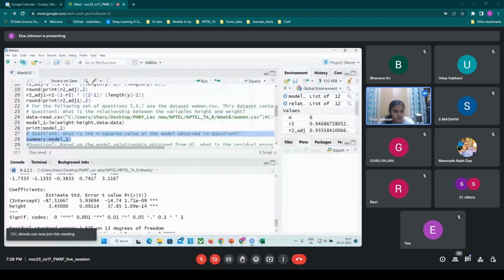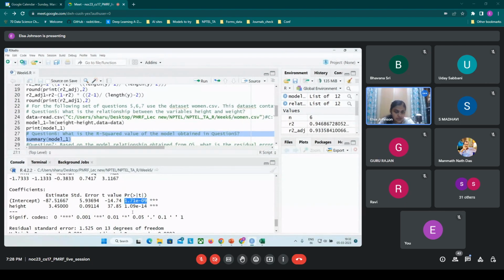The significance codes show the levels for the t statistic values. Here the values are very low; even for the 0.001 level the p value is not higher than that. So you will be rejecting the null hypothesis.